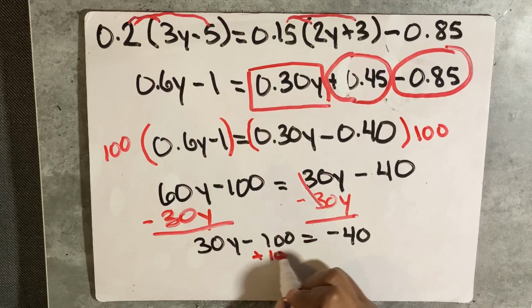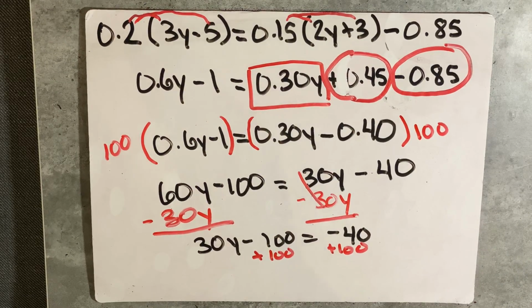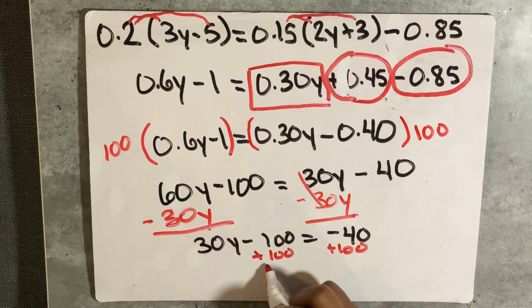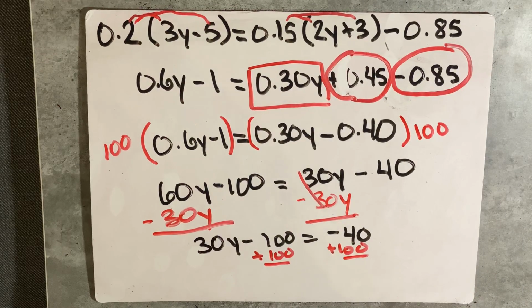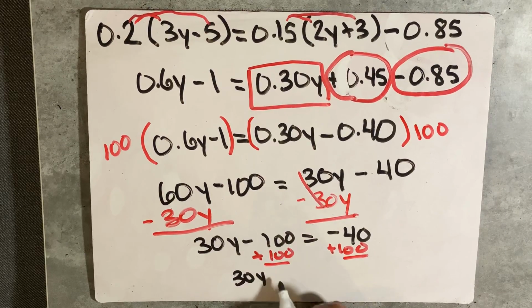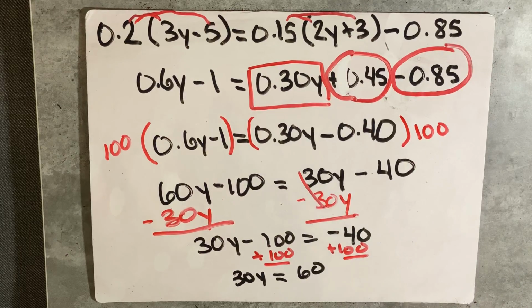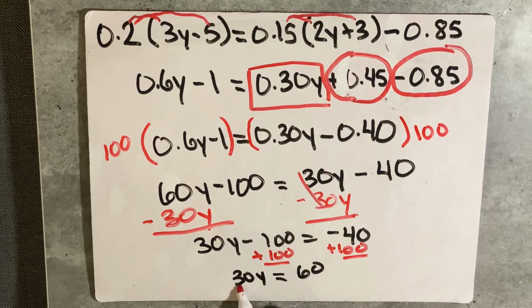Add 100 to both sides. Because remember, Miss T has taught y'all inverse operations. So then we have 30y equals 60. Divide both sides by 30.